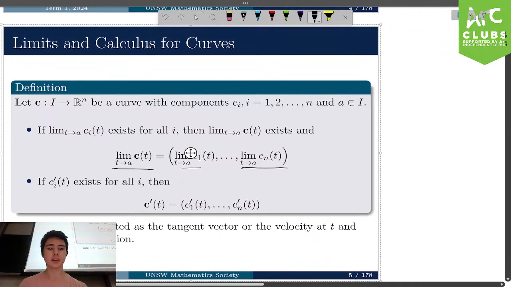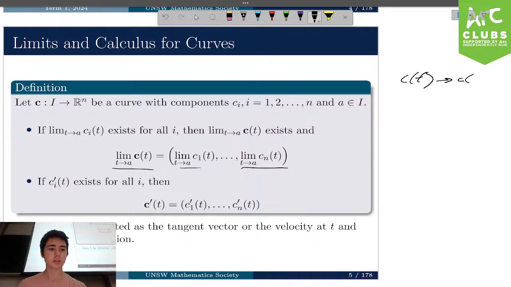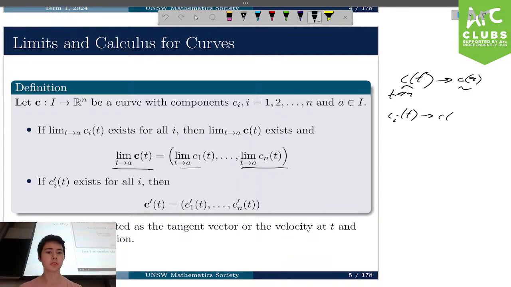Okay, so if we say that c(t) goes to c(a) as t goes to a, that is also implying that, given that these are in vector spaces, the ith component of c(t) goes to the ith component of c(a) of that curve, okay?